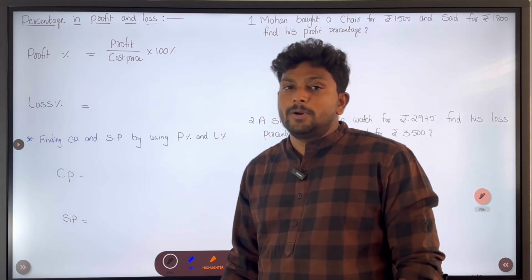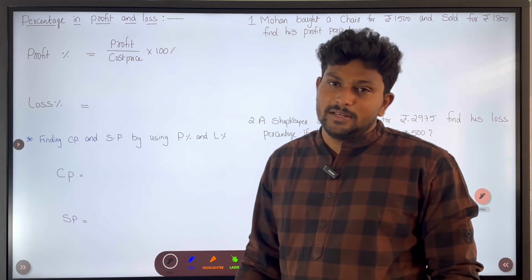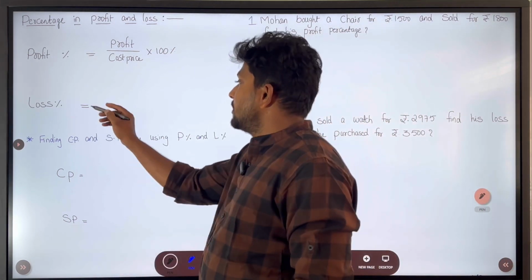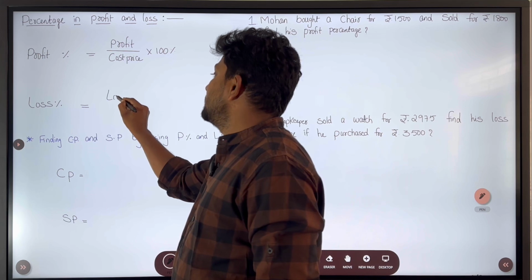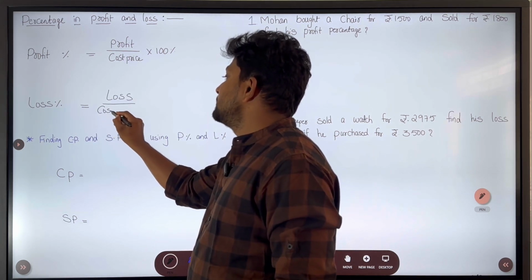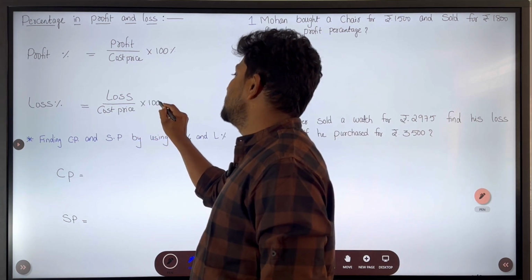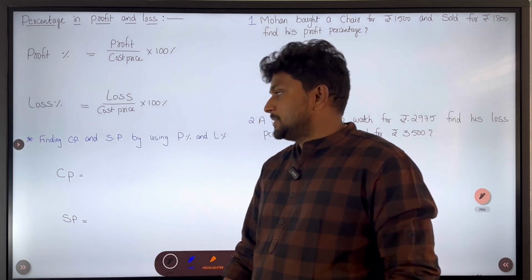Please note, in profit and loss, in both situations we use only cost price as the base for comparison. So loss percentage, loss by decreased percentage, loss by cost price into 100%. That is the loss percentage.